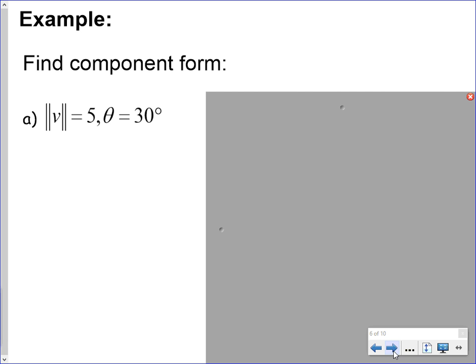And while you get started on this, I'll also say, as you're working, if you recognize the angle is from the unit circle, then avoid using your calculator and get exact values from the unit circle. So we will use our calculator sometimes, but if the angle is from the unit circle, choose those values that you know for cosine and sine from the unit circle.